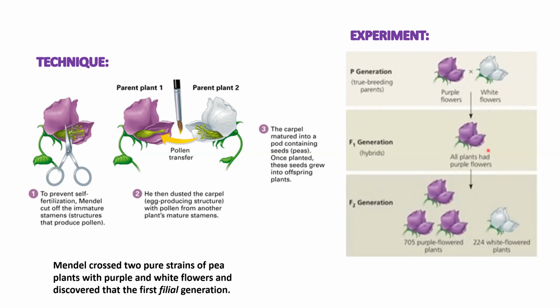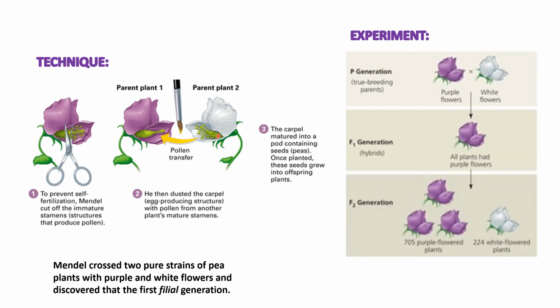So once he obtained these pure plants, he crossbred them, and the way he crossbred them is that he would take off the stamens. So here it shows he took off the stamens of this purple-producing flower, and so it's only left with the carpel, which is shown here.